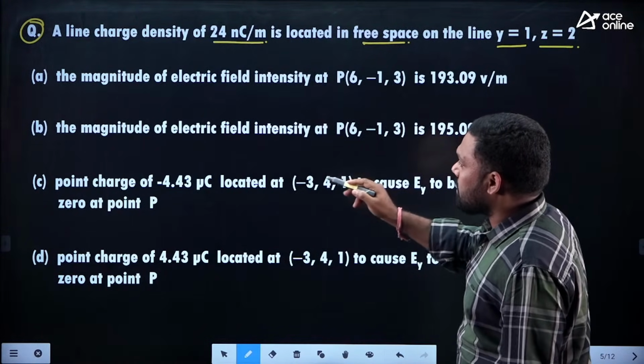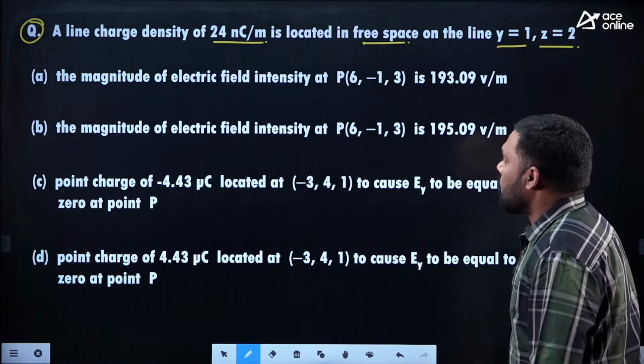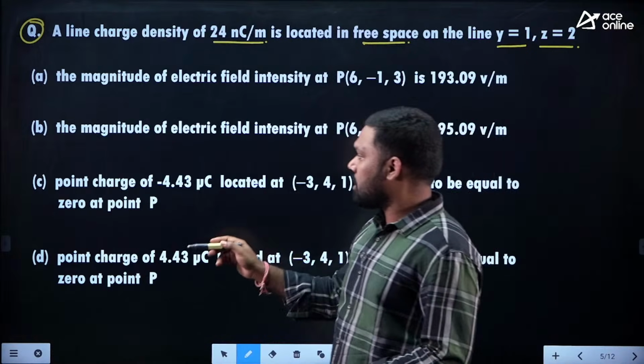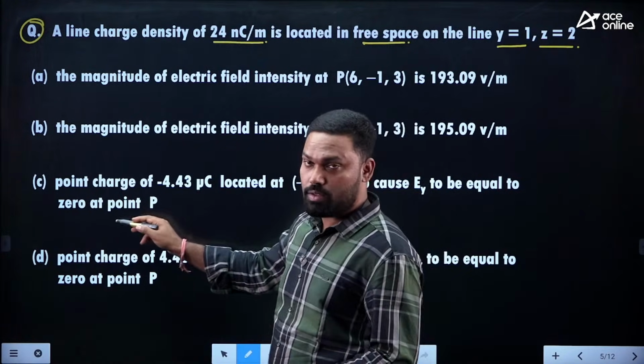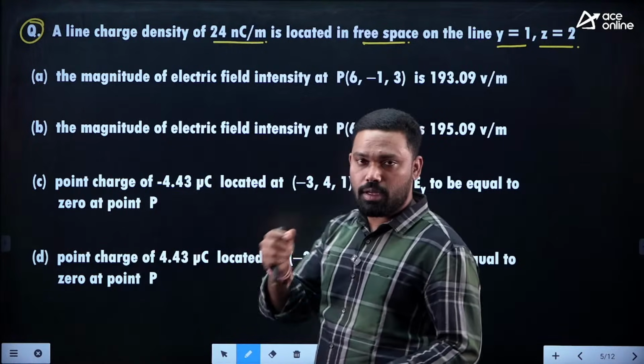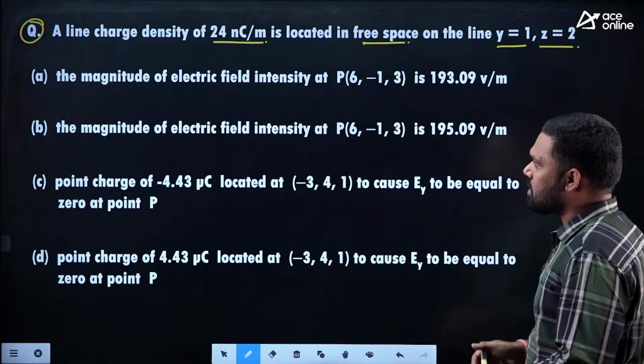Point charge of minus 4.43 microcoulombs located at minus 3 comma 4 comma 1 to cause Ey to be 0 at a point P. So at this point P, Ey is to be 0, at some location the point charge is located, and so on, the last statement.